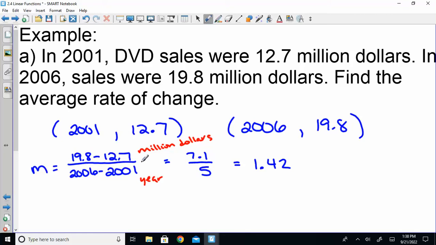And a division sign is like what word? Per. So it's $1.42 million, or you could use a dollar sign, per year. So in these types of word problems, I would expect units on those. That means the average rate of change, it's rising about 1.42 million every year.